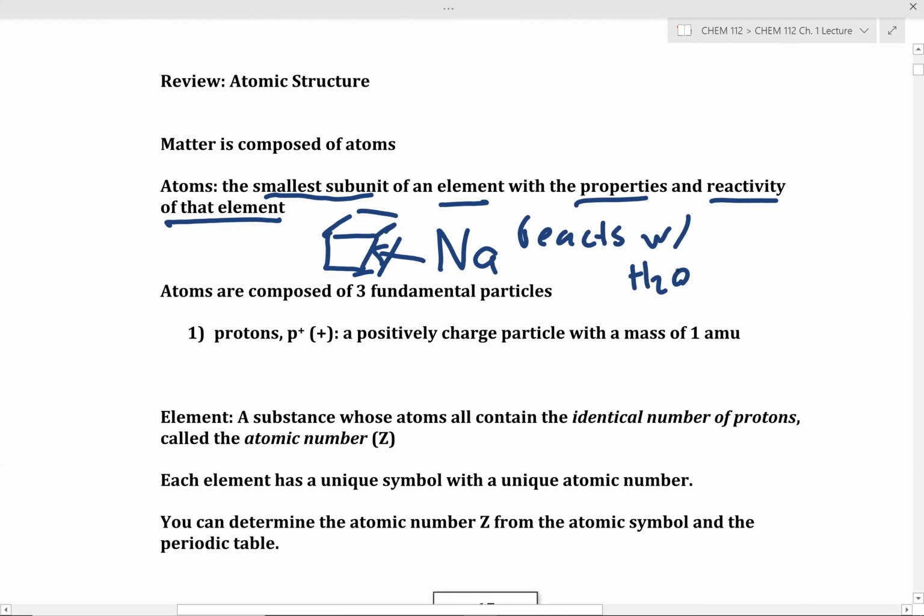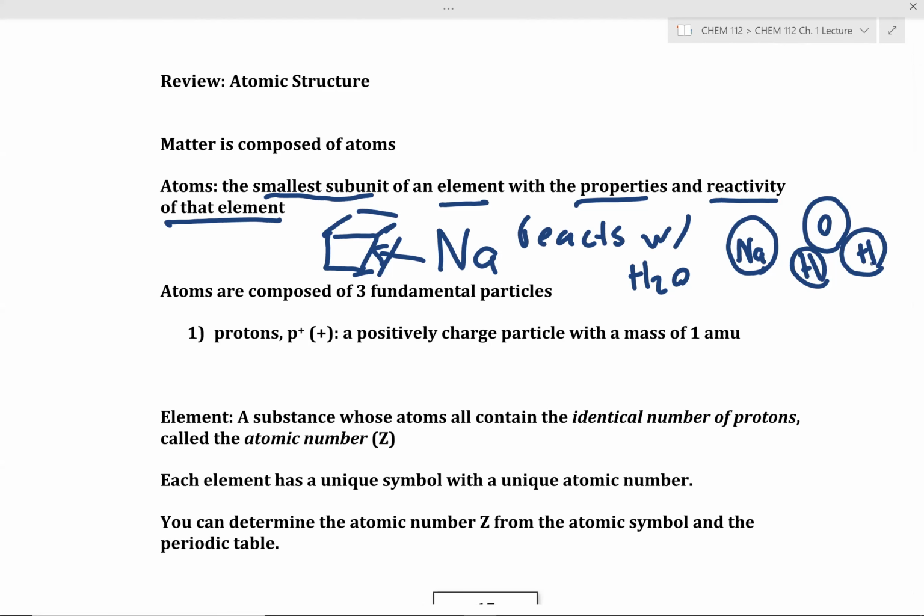So if we look at this chunk of sodium and we decide to look at an individual atom of sodium, and we took that atom of sodium and reacted it with a molecule of water, would we observe a similar pattern of reactivity between this bulk sodium and this atom?